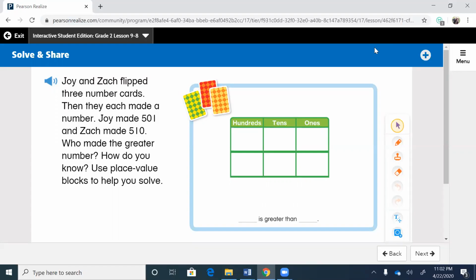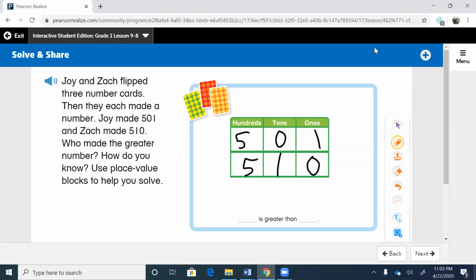All right, so the word greater means bigger. So this is the way you do it. To compare, all you have to do is write the numbers in the boxes. Now here's what you do. You look at the hundreds first.